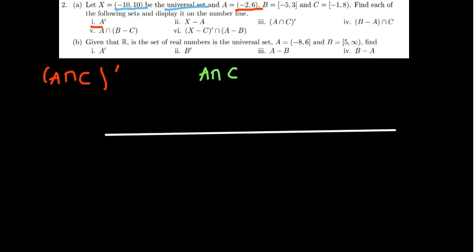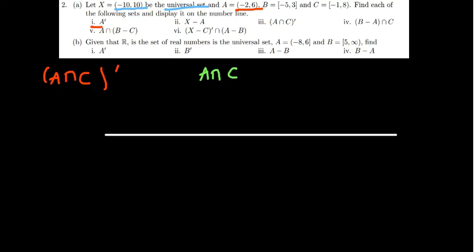So I'll consider what is in the brackets. Now for me to find the intersection, I need to present both A and C on the number line. Now A is from negative 2 to 6.